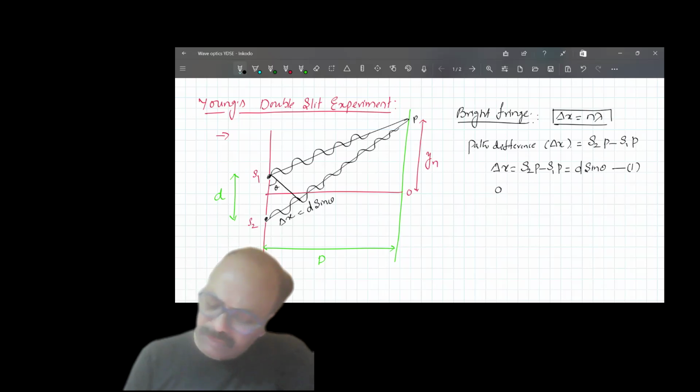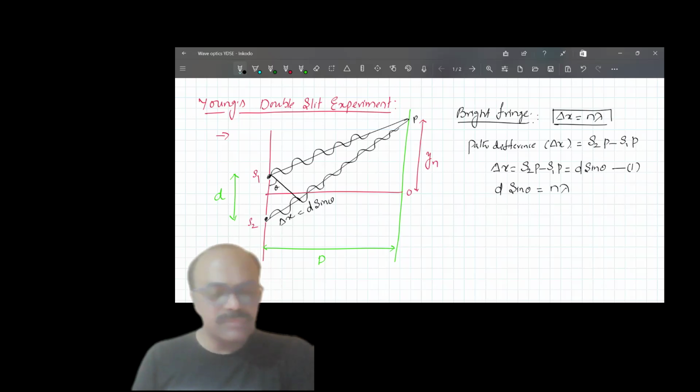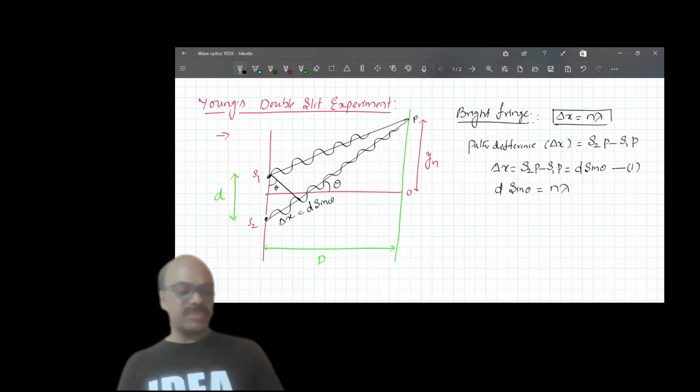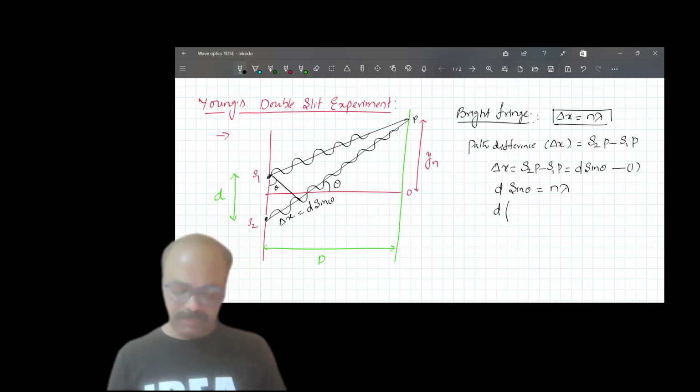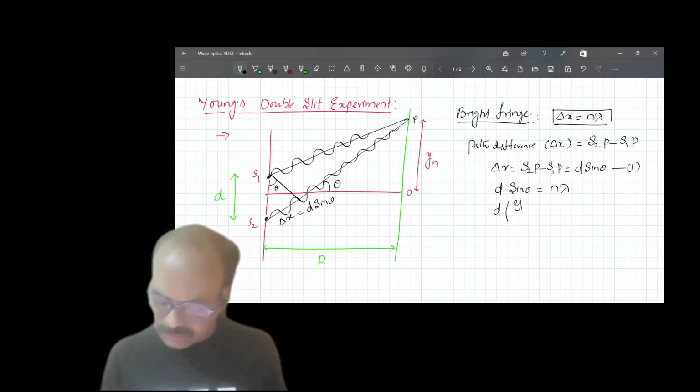Equating these two, d sin theta equals n lambda. From the diagram, when theta is very small, sin theta equals the opposite side over the hypotenuse, y n by D, so d times y n by D equals n lambda.